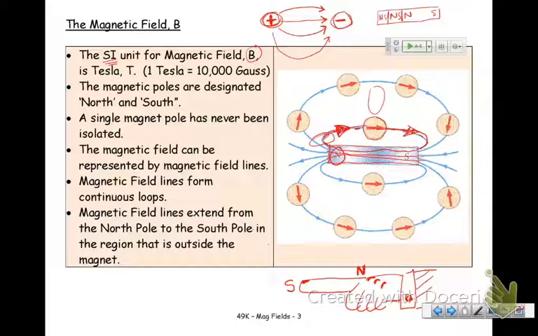But in the past, they used a unit called the Gauss, named after Gauss. And a Gauss is a really small unit compared with the Tesla. So the Tesla is probably a bit bigger than most people would like.